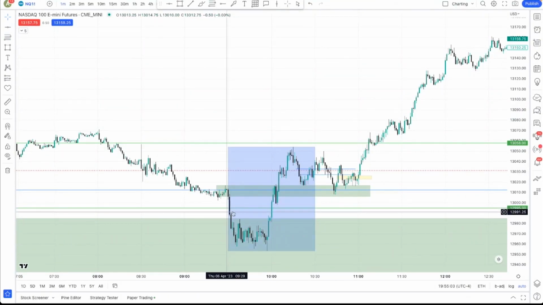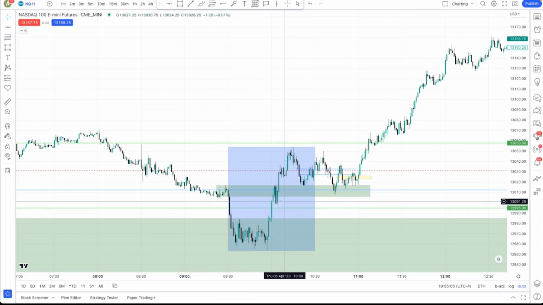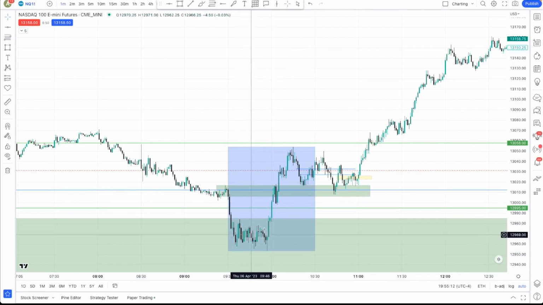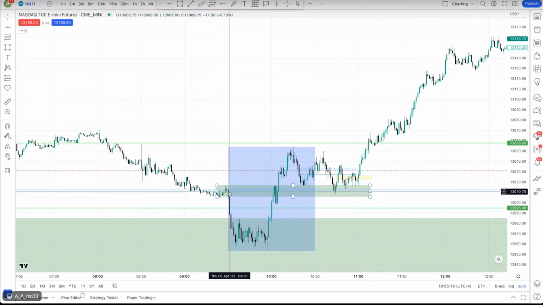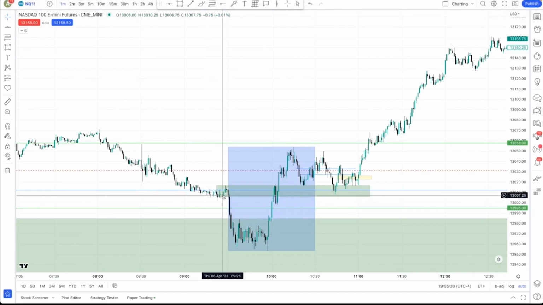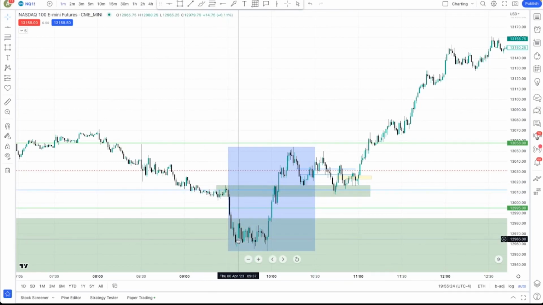And you could put that right here and you see price would come down into it and run away. So even if you didn't get in right here, that's fine. But what we have right here is a swing high, a swing low, price runs up and takes out the swing high and then displaces away.